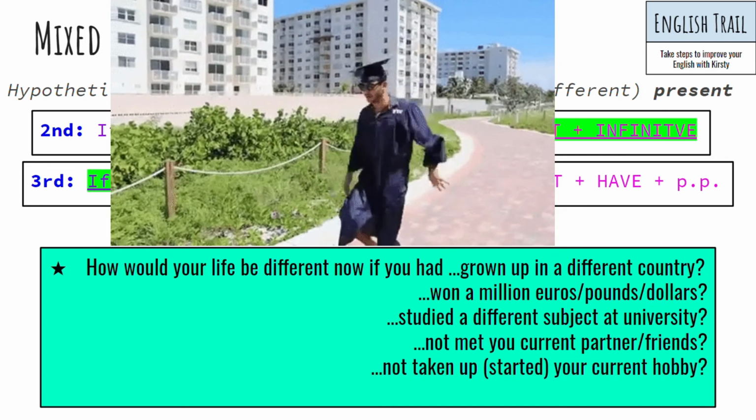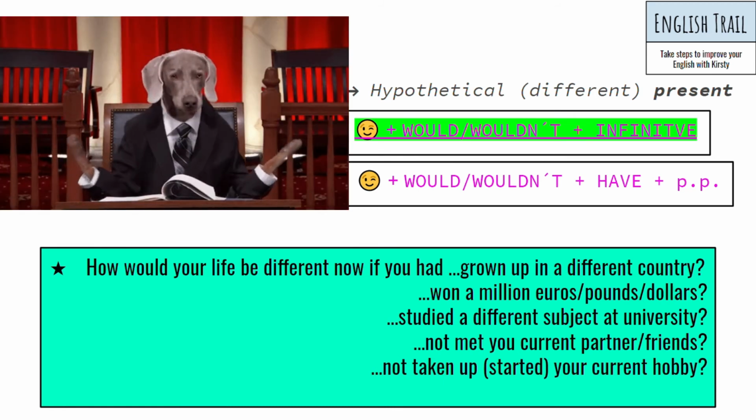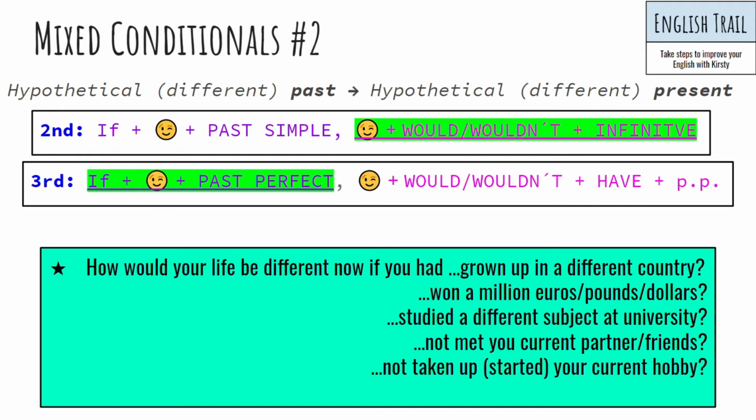Now, often people might talk about their regrets. Yeah. If only I'd studied medicine, now I would be a doctor. If only I'd studied law, now I would be a lawyer and I'd have a better job or whatever.